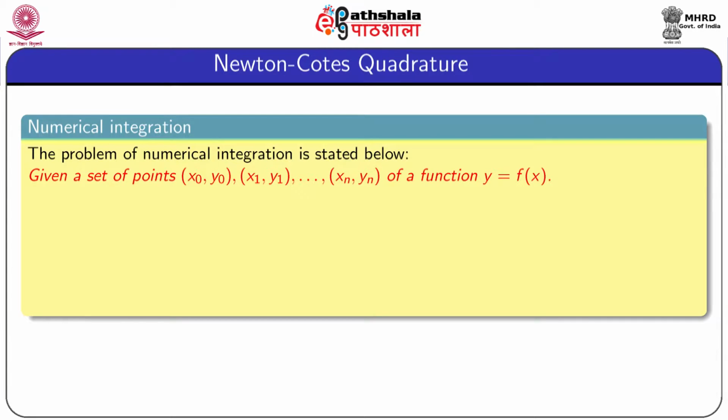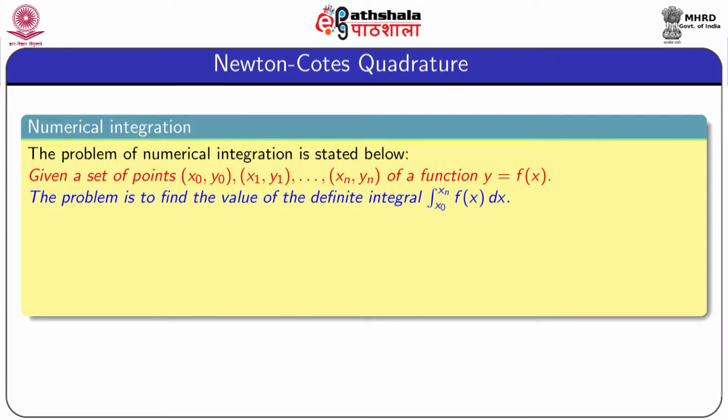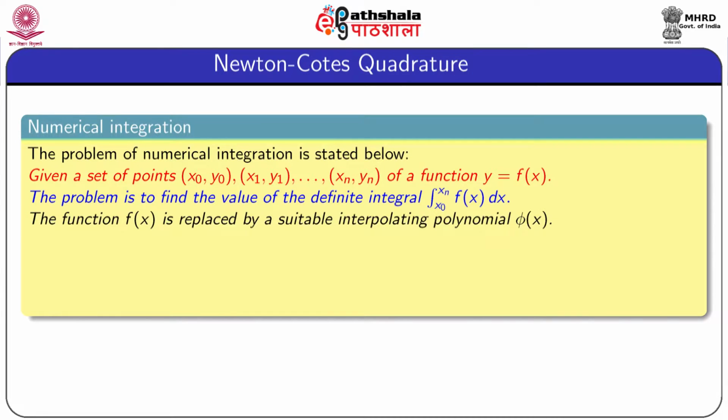Given a set of points x0, y0, x1, y1 up to xn, yn of the function y equal to f(x), this set of points is given. The problem is to find the value of the definite integral from x0 to xn of f(x) dx. The function f(x) is replaced by a suitable interpolating polynomial, denoted by phi(x). This phi(x) may be the Lagrange interpolating polynomial, Newton's forward or backward interpolating polynomial, or any kind of interpolating polynomial.